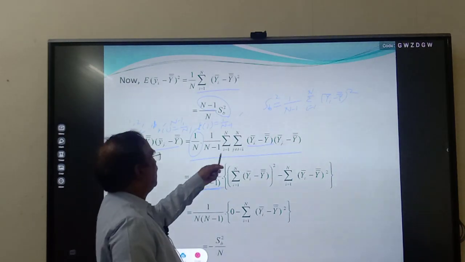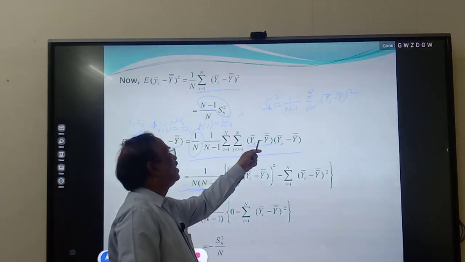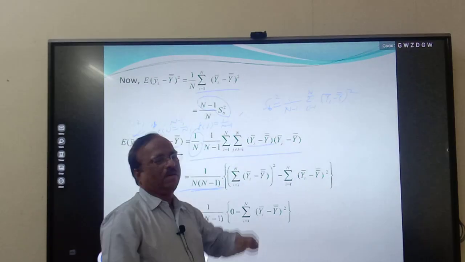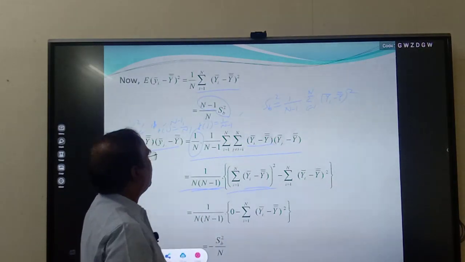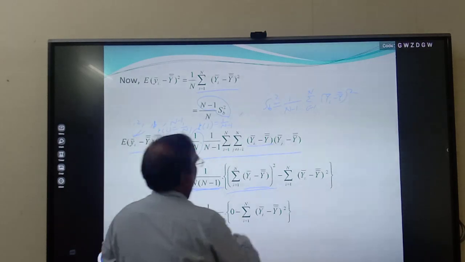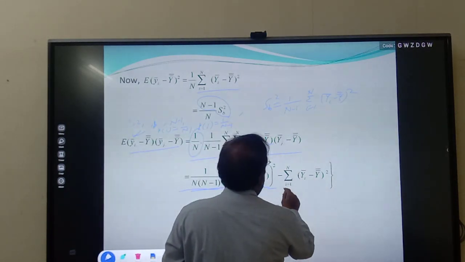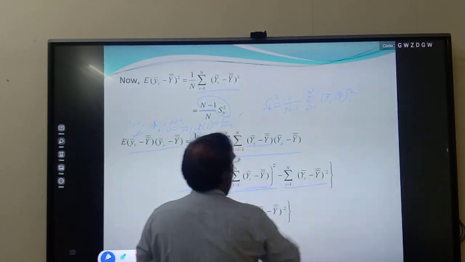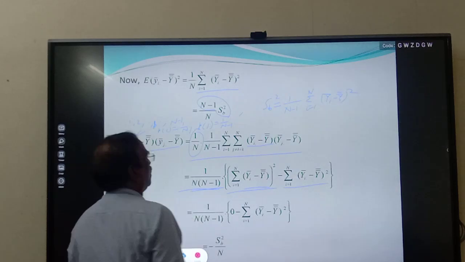When j is equal to i, the term becomes (yi dot bar minus y double bar) whole square, as we are writing here. And the remaining term is taken minus, subtracted.